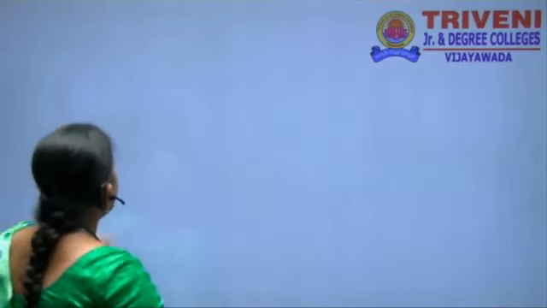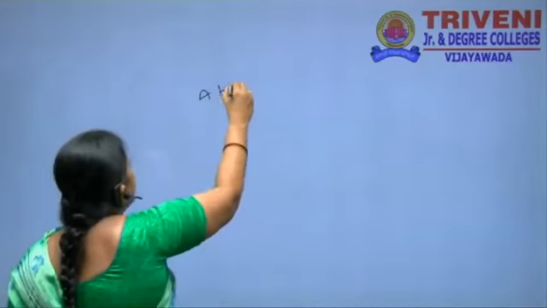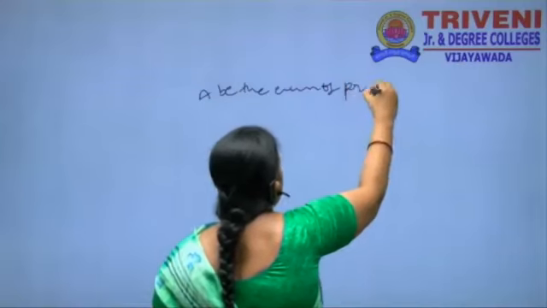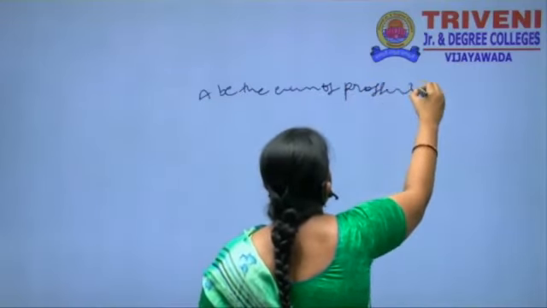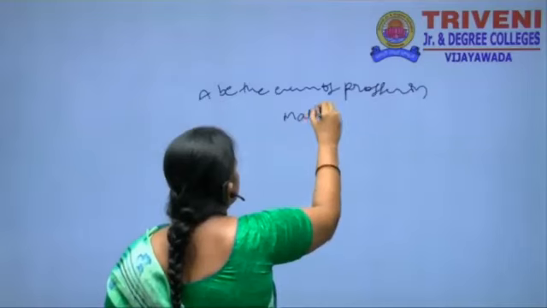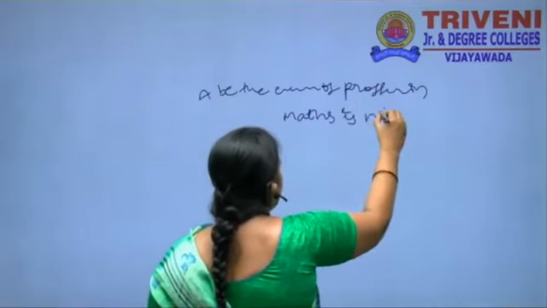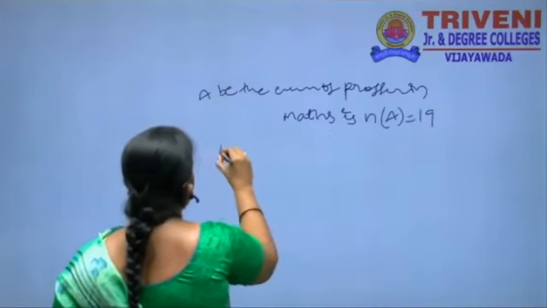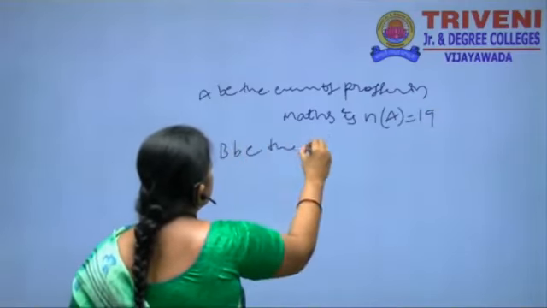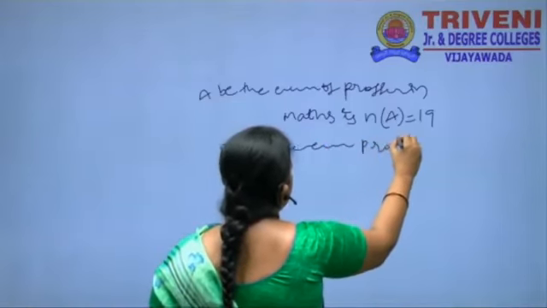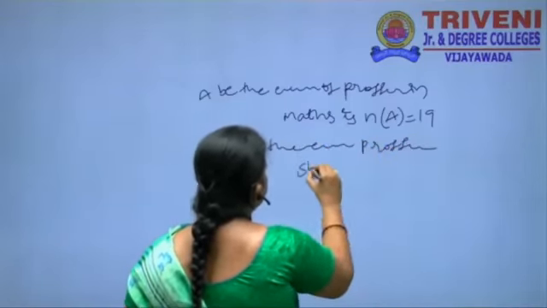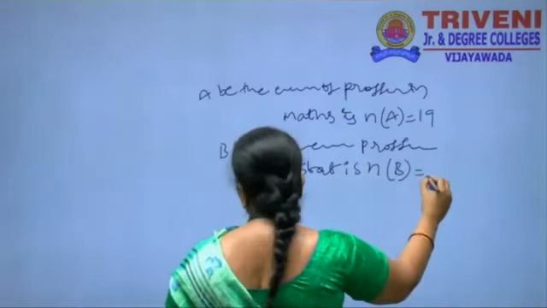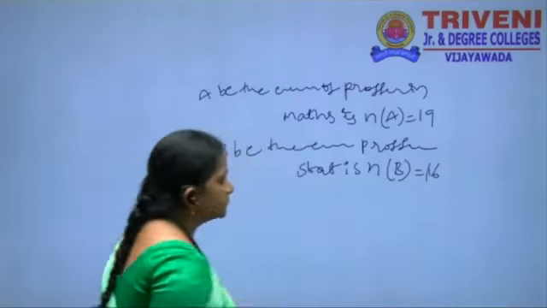Suppose we take A as the event of professor in maths, n of A is equal to 19, and B is the event of professor in stats, n of B is equal to 16.